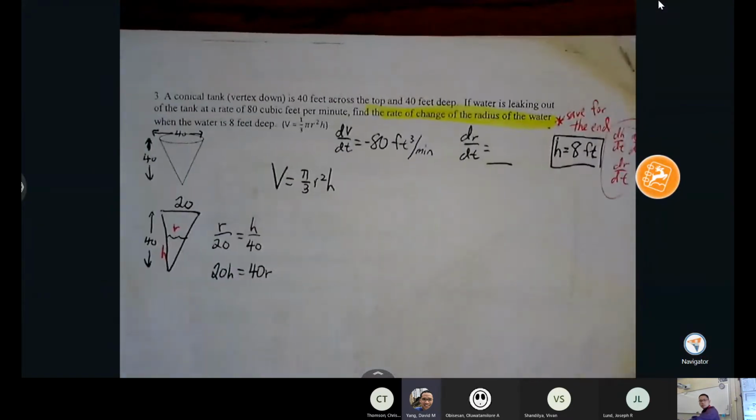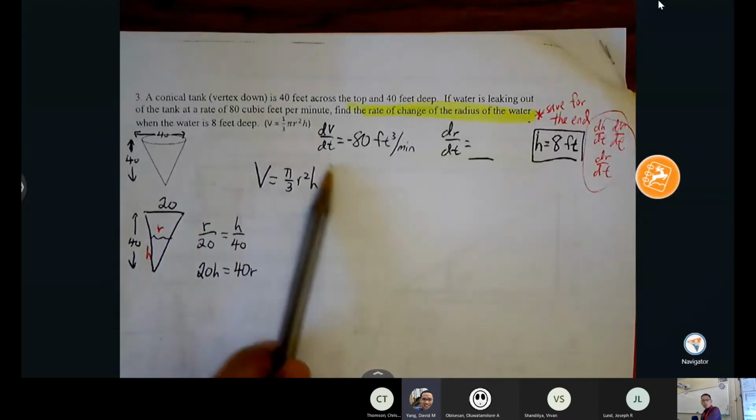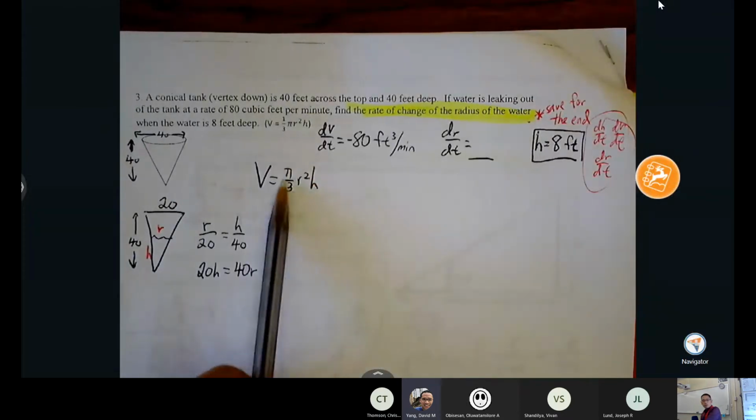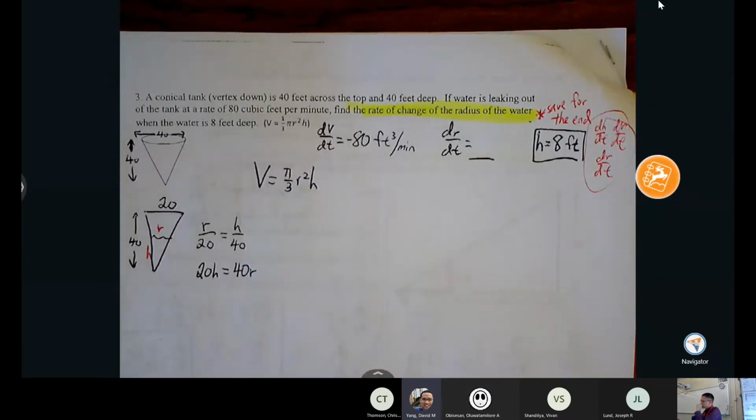Okay, we're trying to make a decision here. What do we want our equation in terms of? We want one variable to disappear and one variable to be kept. What do you guys think? Do we want it in terms of dr over dt?